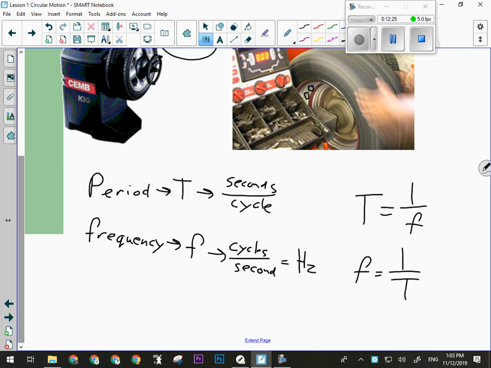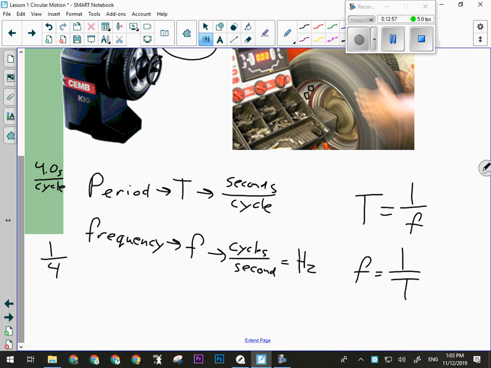As an example, if I had something that had a period of 4 seconds, that means it takes 4 seconds to make one cycle. Everybody okay with that? Okay, so what would the frequency of this be? One cycle over, so 1 over 4.